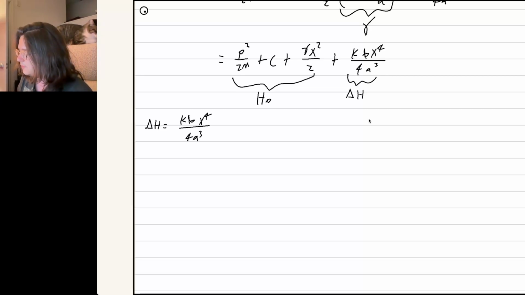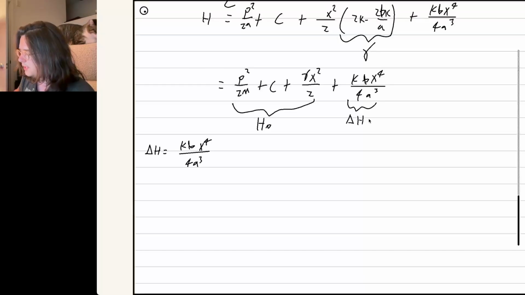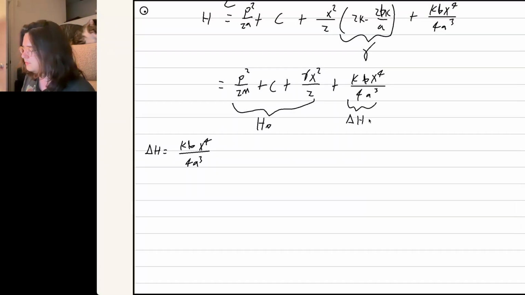The other reason why I put all of that k nonsense into a constant gamma is so that I can then resolve that constant for gamma and put the perturbed Hamiltonian in terms of gamma. I'm going to go ahead and do that.